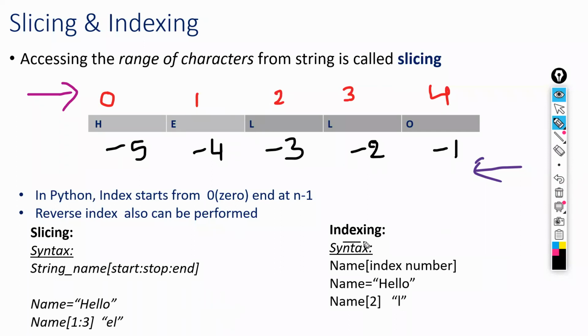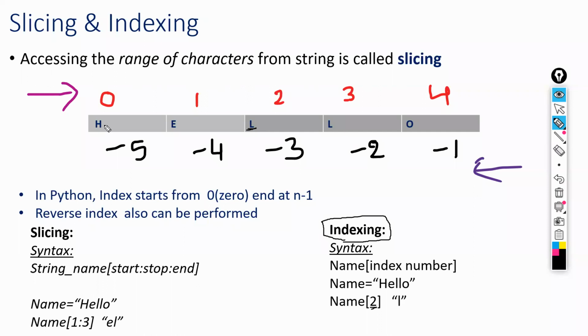Now, indexing is choosing a particular value or a particular character. So how can we choose the character? Simply, we give the name and the index number. If I want to choose L, the index number is 2.